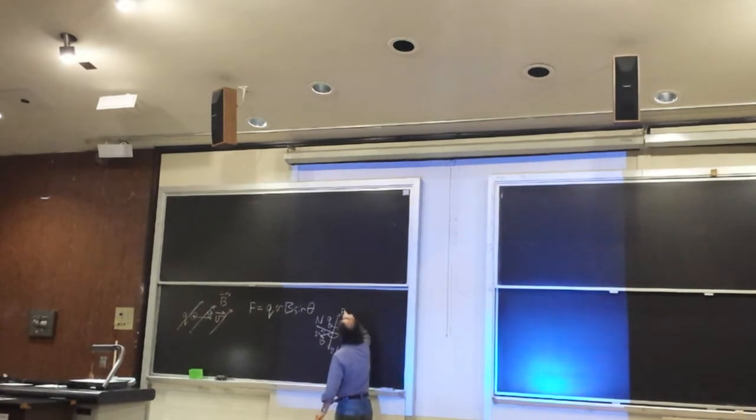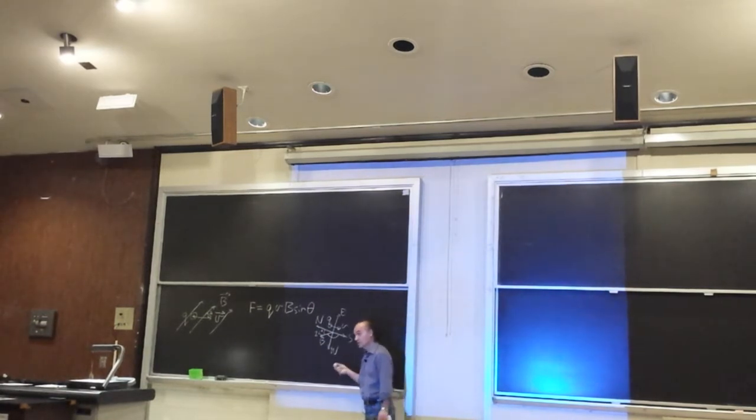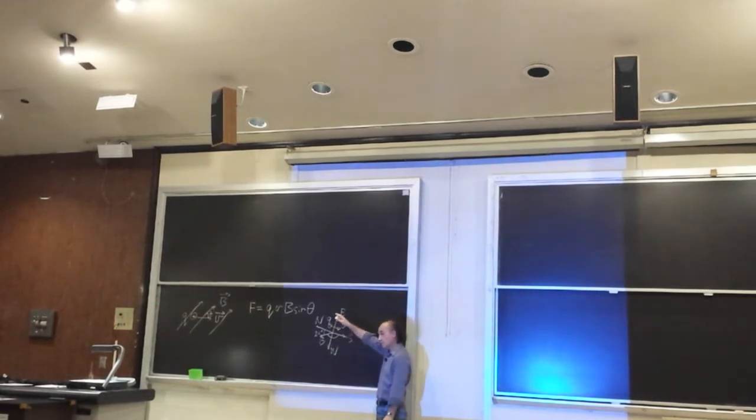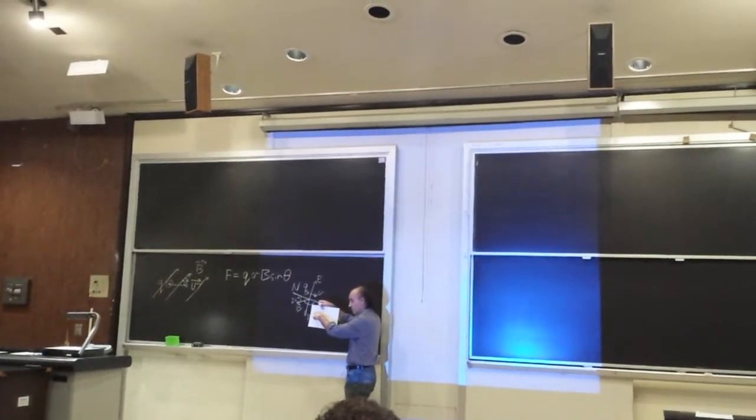Or if your charge is moving to the west, in that case the angle changes. The angle is different. So what would be the angle if the magnetic field is to the north but below the horizontal, and your charge is moving to the west? So this is north, south, and this is east-west.